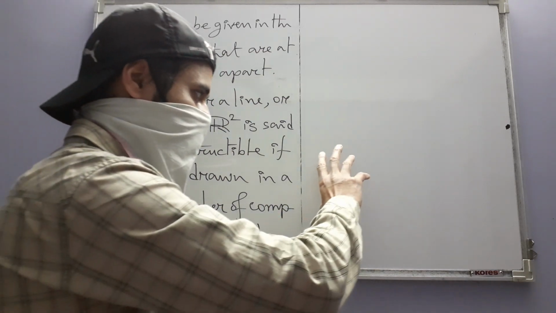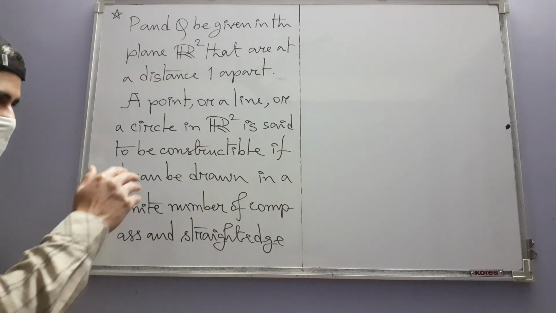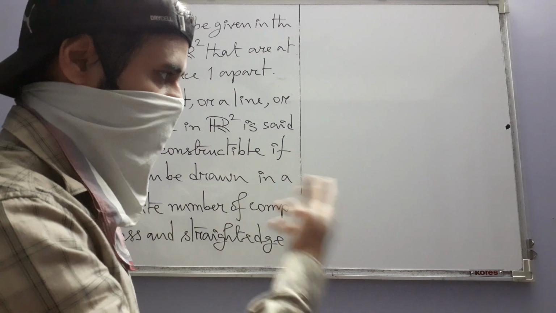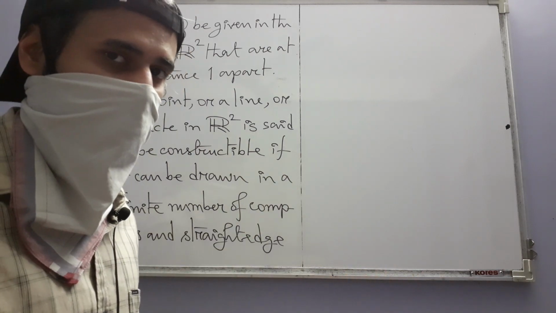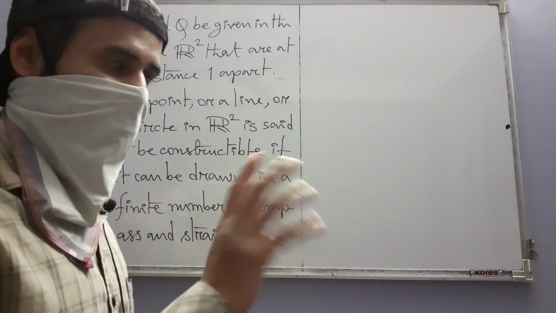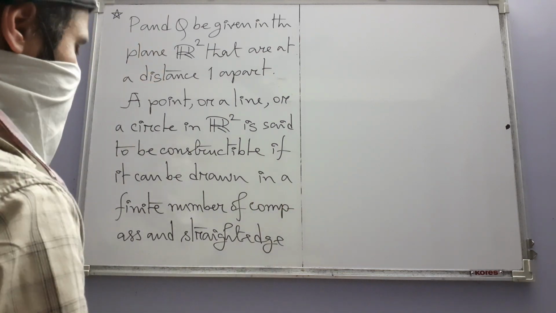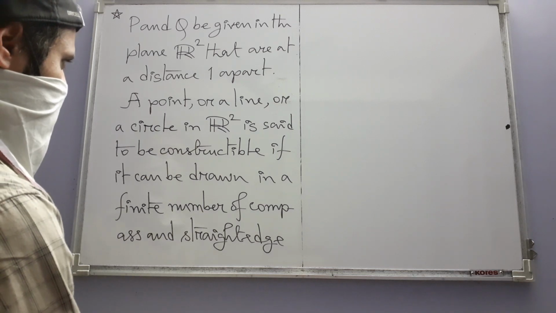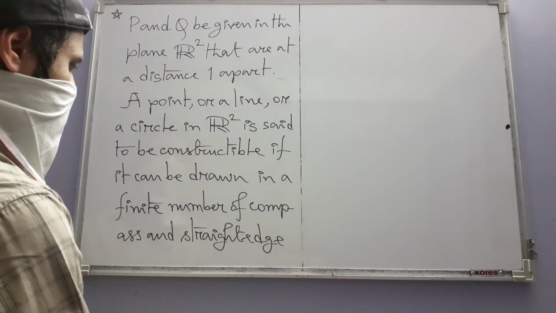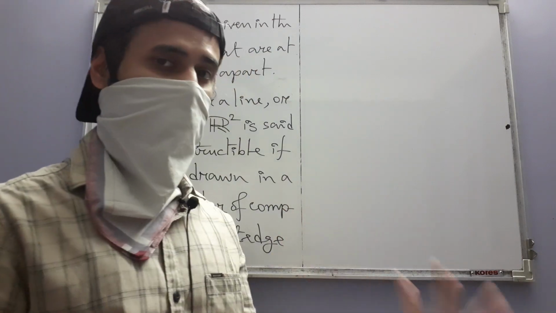And then once you have those objects, you can draw further objects, further points, lines and circles, and they will be constructible. And if you are thinking, how will they be constructible?